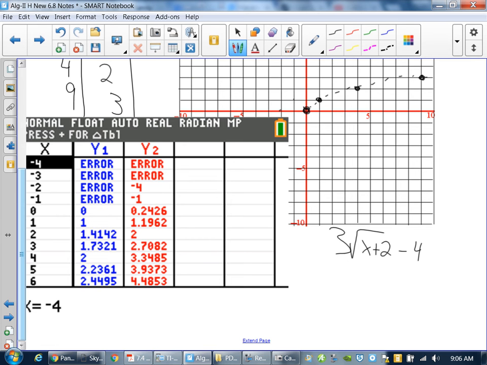Well, I have to pick -2. At -2, I get the square root of 0. 0 times 3 is 0. 0 minus 4 is -4. That's why that works. If I choose -1, -1 plus 2 is 1. The square root of 1 is 1. 1 times 3 is 3. 3 minus 4 is -1.